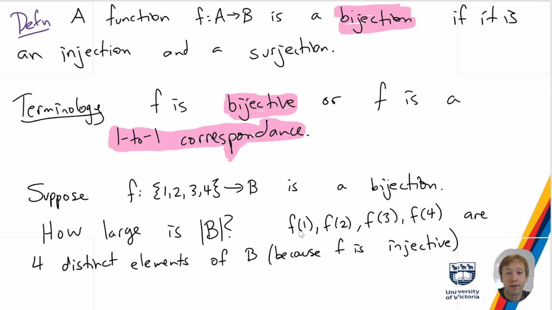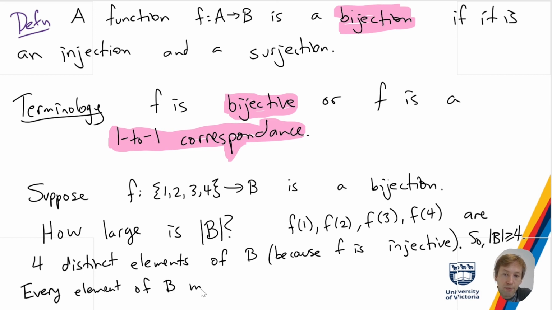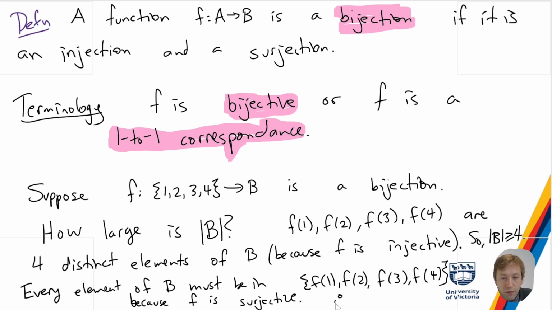So the size of B is at least 4. But it has to be equal to 4 because every element of B must be in the set {f(1), f(2), f(3), f(4)} because f is surjective. So therefore, the size of B has to be 4.